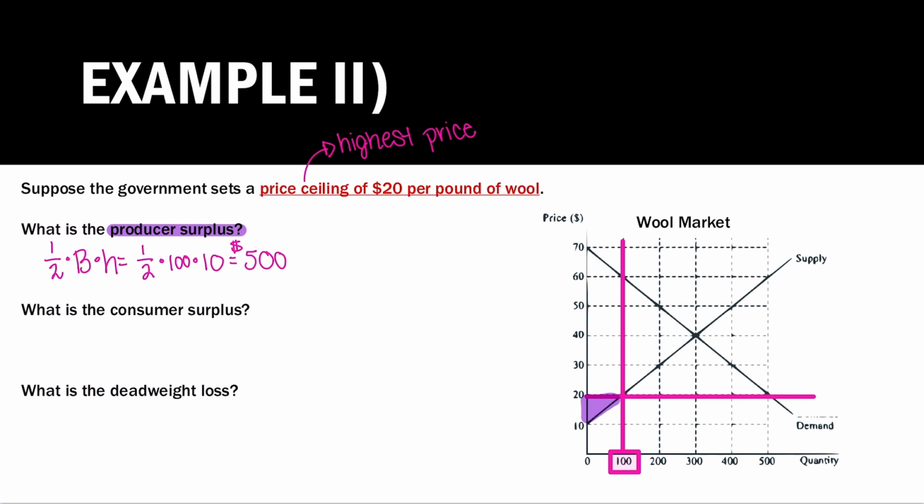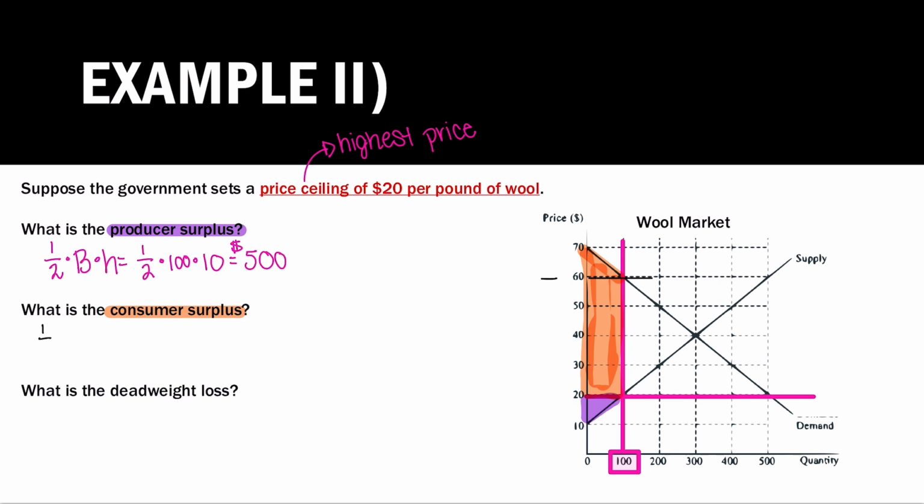Next, we have consumer surplus, which is the area below your demand curve, above your price. So it's this no longer triangle-shaped region. So just like on the previous question, I'm going to break it into a triangle and a rectangle.